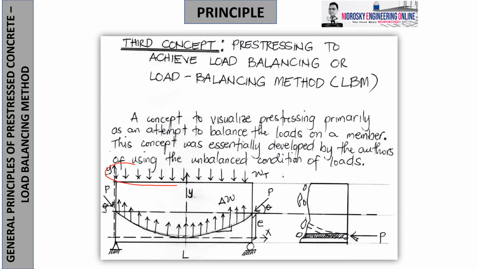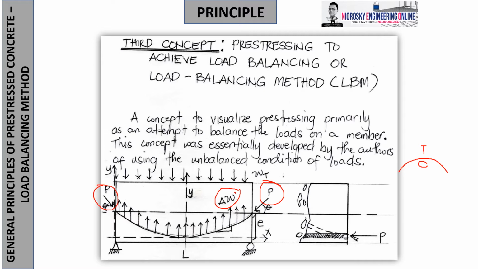Okay, as illustrated here, WT, represented by the sum of all gravity loads, is going down, and then as you apply a pre-stressing force P, suddenly of course it will produce an upward deflection, kasi na-define na natin dati yan, most likely magiging ganyan. Okay, compression below, tension above, so therefore there will be a possible counter, an equivalent, yung tawagin nating delta W. This will be what we call the weight or the uniform load produced by the pre-stressing force.